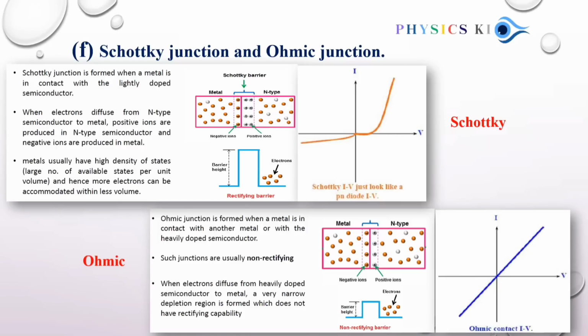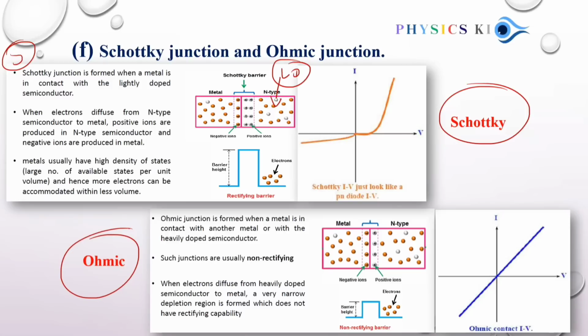Schottky junction, first thing, this is the Schottky and this is the ohmic, already written. Remember, in Schottky this is the lightly doped region and this is the heavily doped region. Clear? So a Schottky junction is a metal connected with an n-type semiconductor, which is lightly doped, and this is very heavily doped.